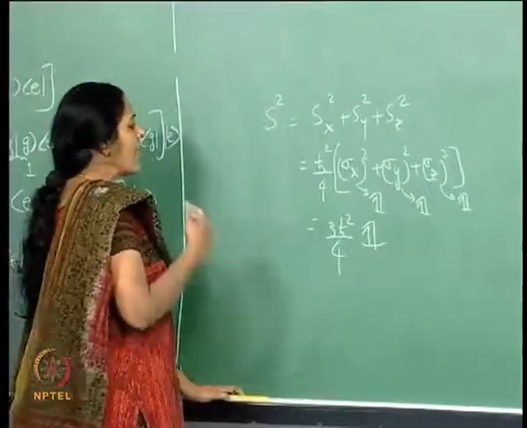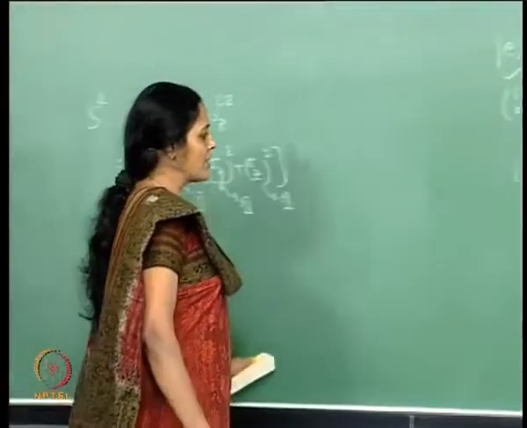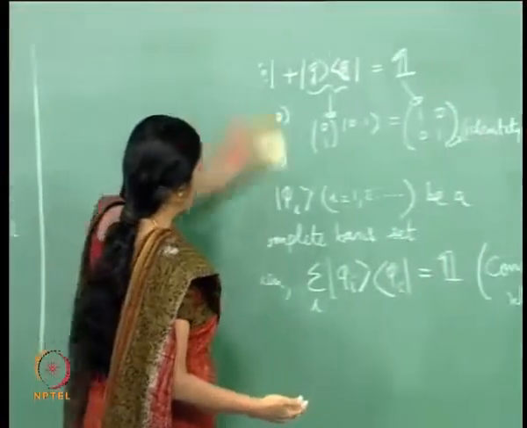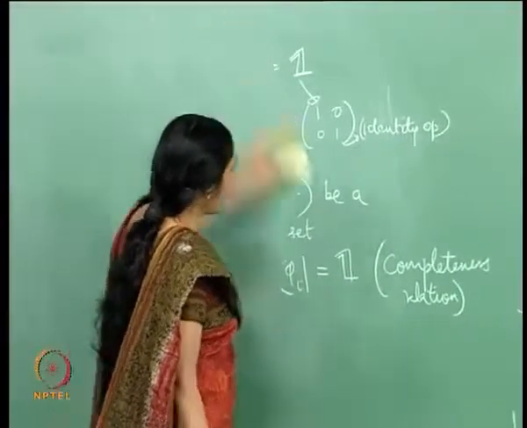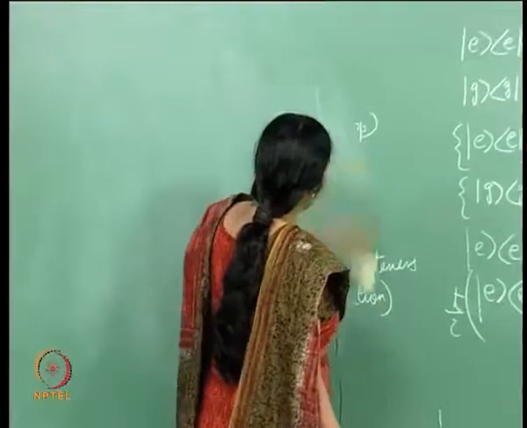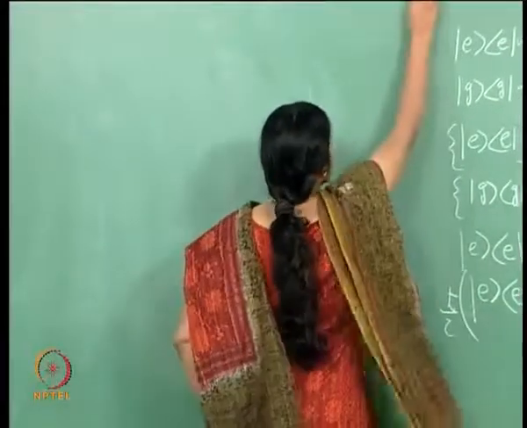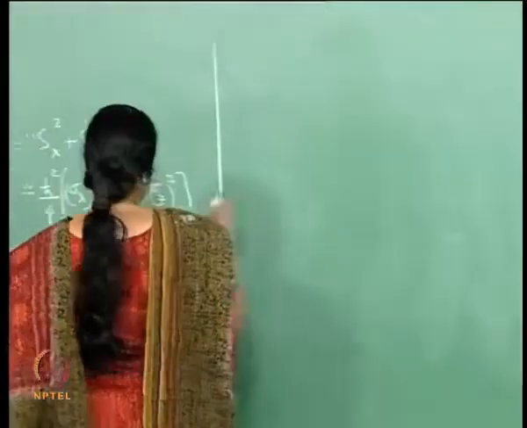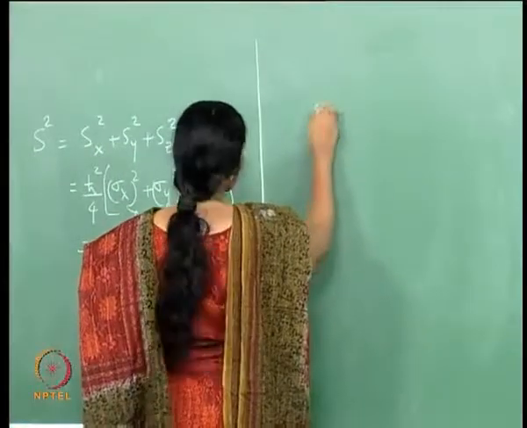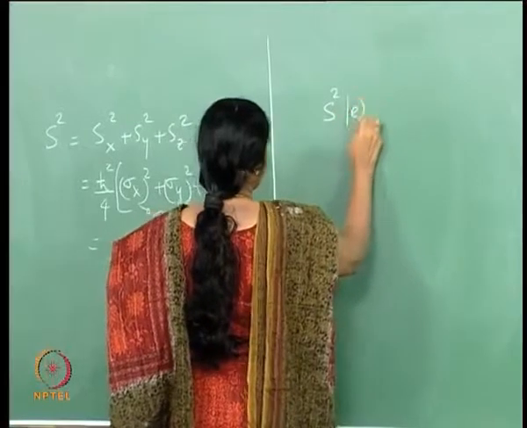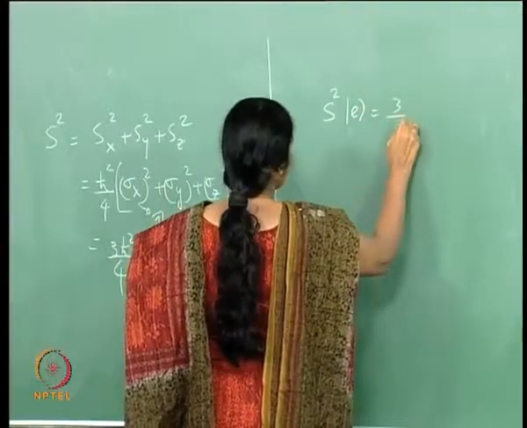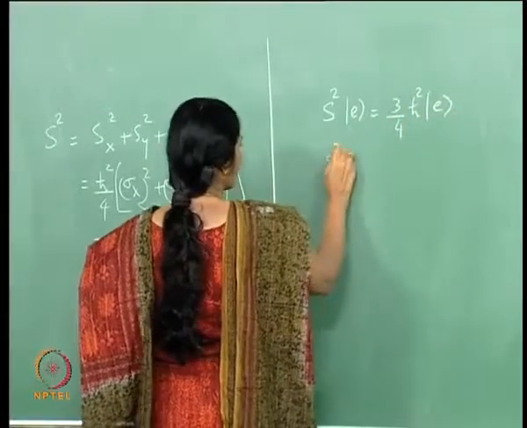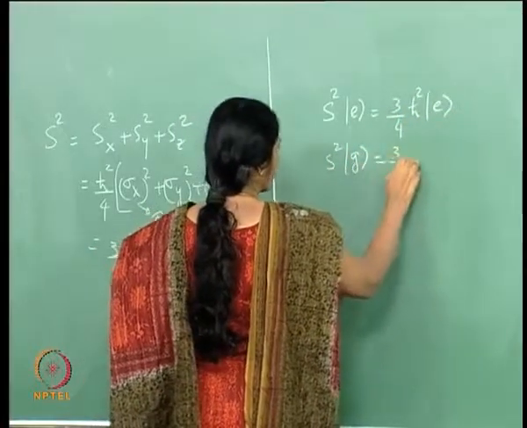Let me look at eigenstates of S squared and Sz, or S squared and Sx, or S squared and Sy, but it's conventional to look at the eigenstates of S squared and Sz, and pretty soon we'll understand what the purpose of this is. It's clear that when S squared acts on ket e, it simply gives me 3/4 ħ squared ket e, and S squared acting on ket g gives me the same thing.